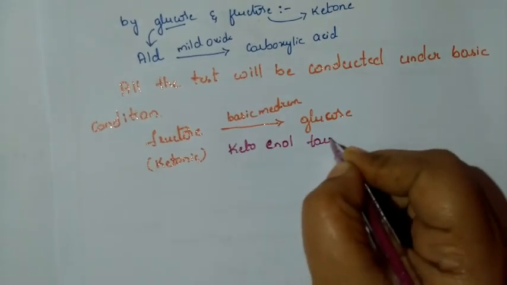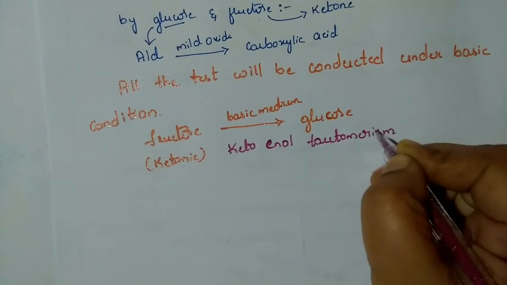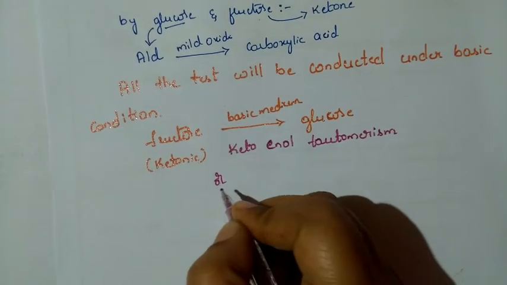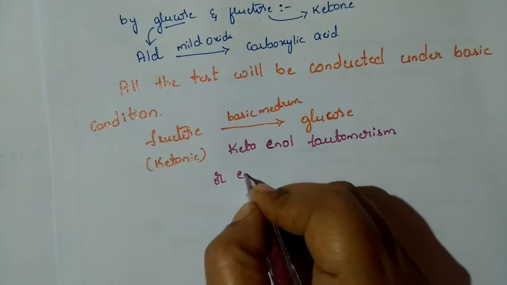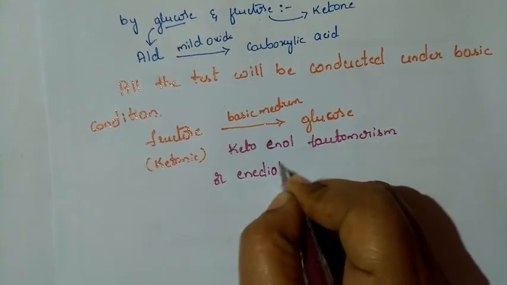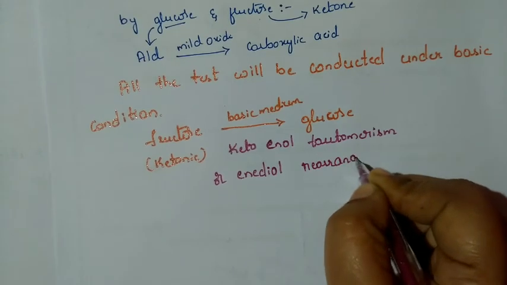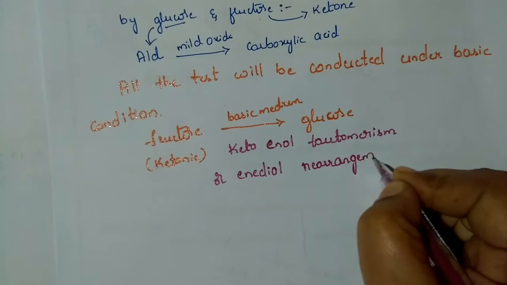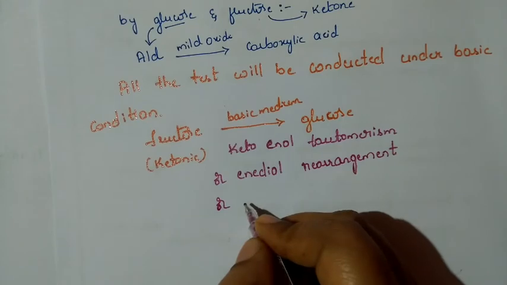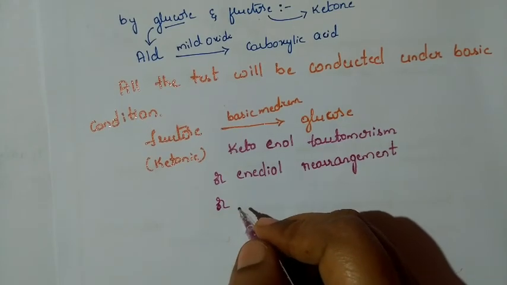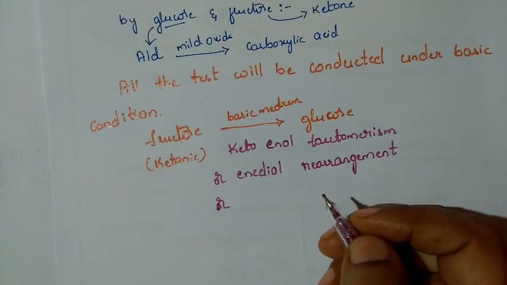Keto-enol tautomerism, or we can write it as enediol rearrangement, or base-catalyzed epimerization, because epimers are formed.